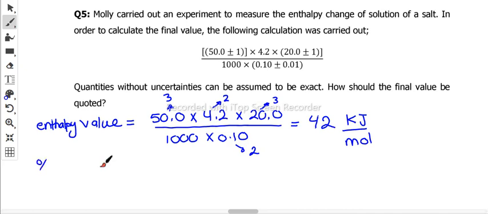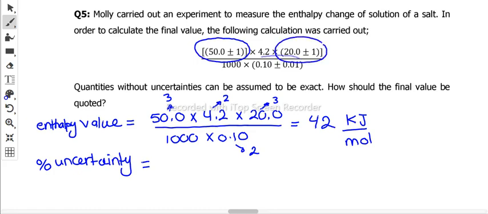So I'm going to find the percentage uncertainty of the enthalpy. In order to do so, I'm going to take the percentages of all the numbers which are presented, and there is an absolute plus minus for each. So I have actually 3 numbers. I need to add the percentages of each variable.